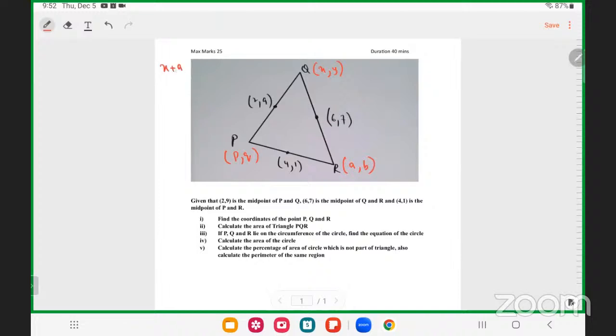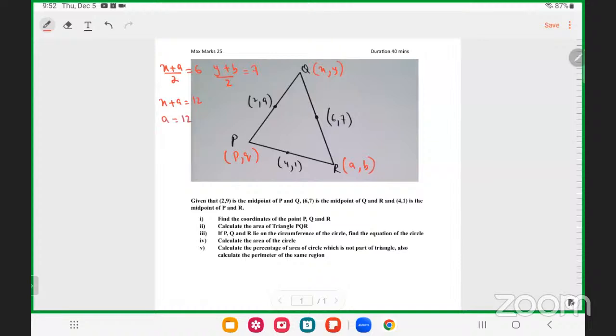(X plus A) divided by 2 is 6. (Y plus B) divided by 2 is 7. X plus A is 12.